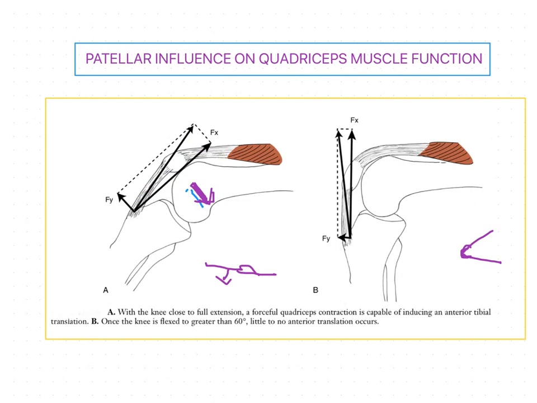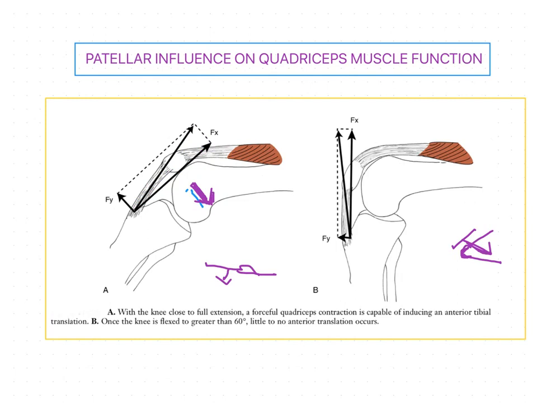Because of the posterior shifting of the axis, the distance between the action line and the joint axis is increased. This is enough to create a rotatory component, which helps in the movement of the tibia on the rounded femur, causing extension.